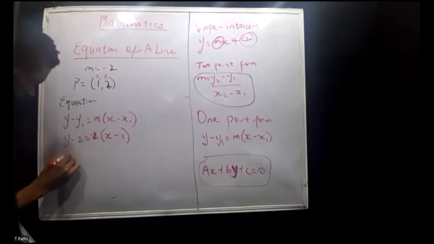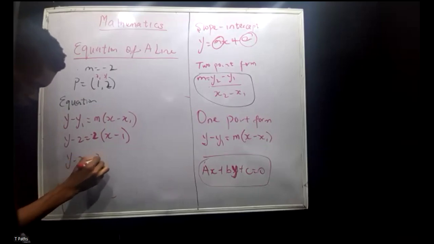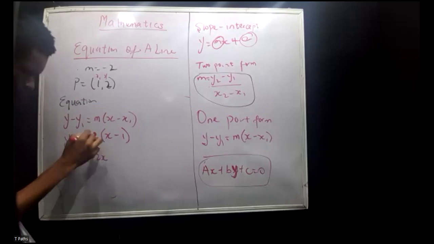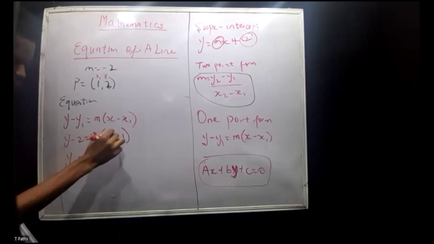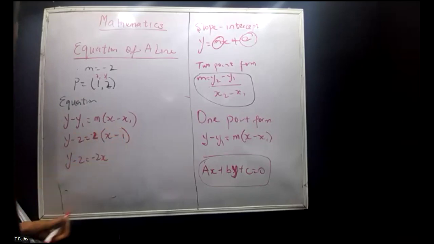So here I'm going to simplify. Y minus 2 is equal to minus 2x, minus 2 multiplied by minus 1, plus 2. All right, so I can collect like terms to make it look like the question format.